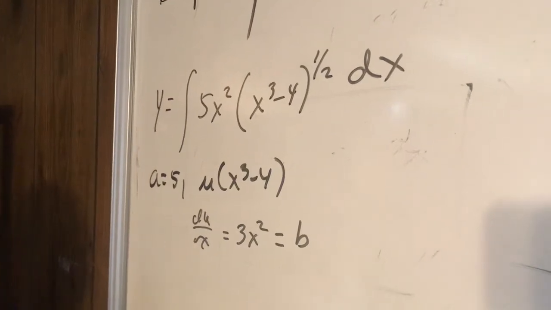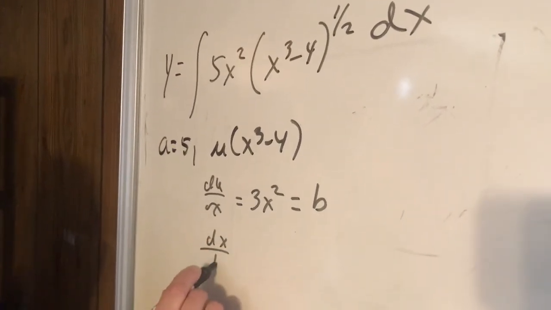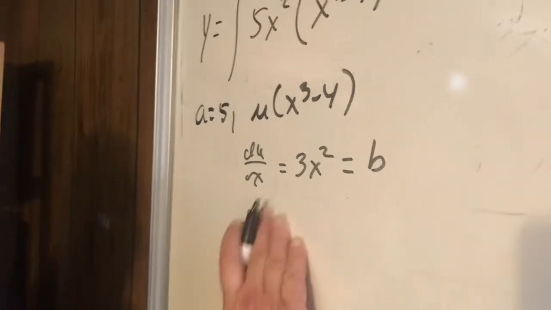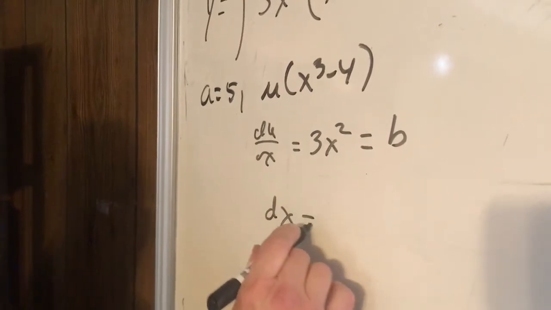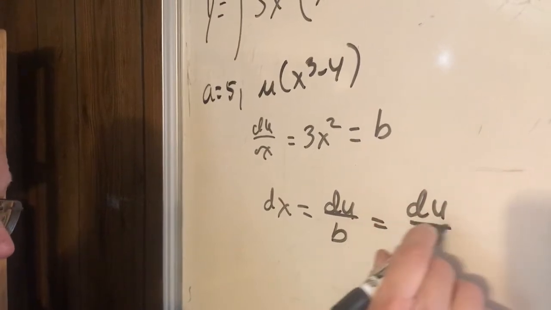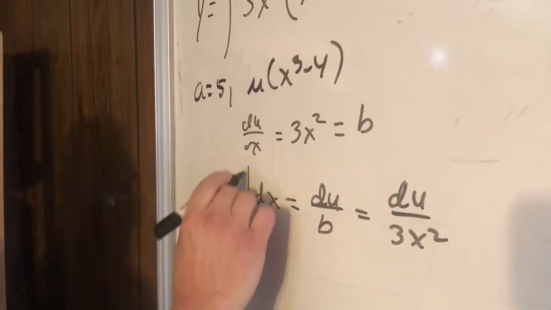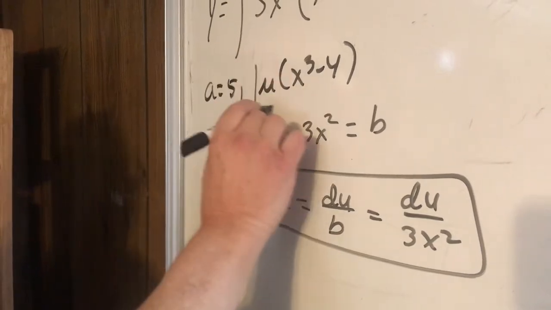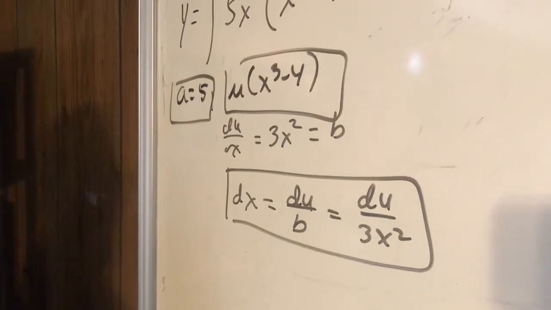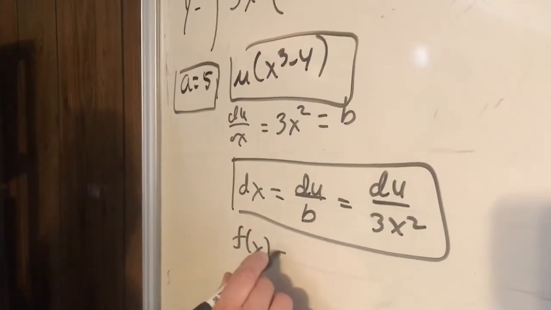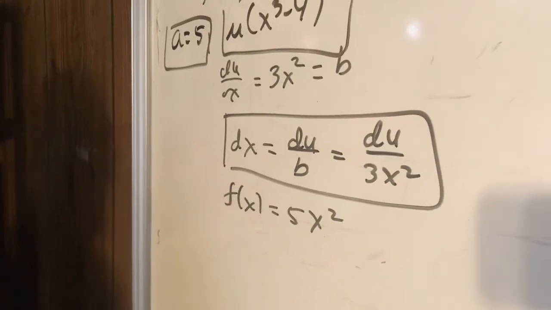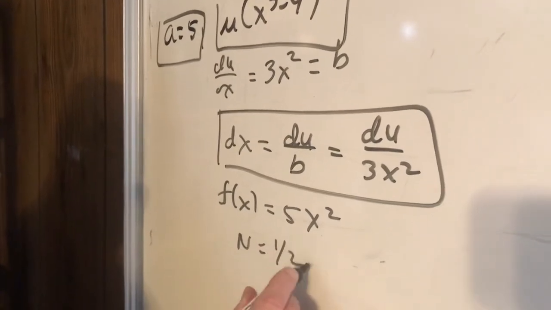Okay? So we know that dx is going to be du over b, or du over 3x squared. So we need the dx, we need the u, we need the a, and we know that f(x), which always remains there, is 5x squared, and we know that n equals 1/2.